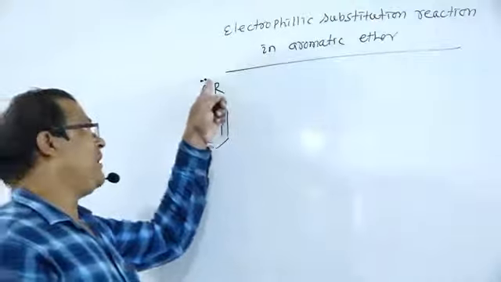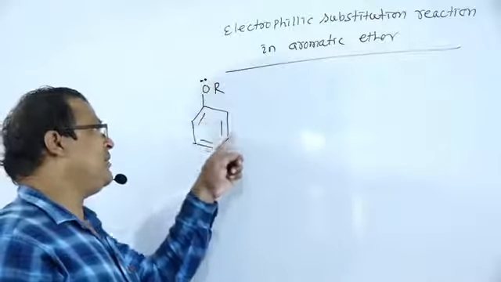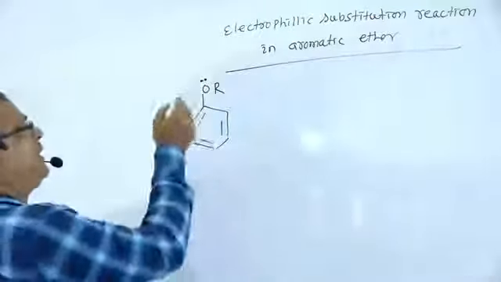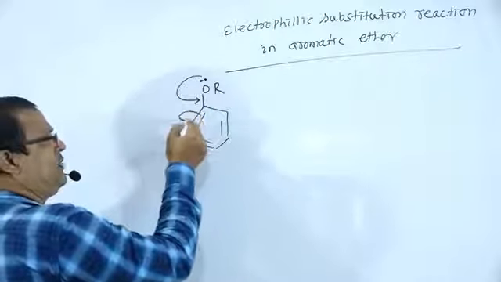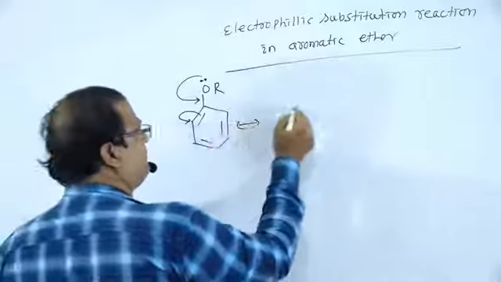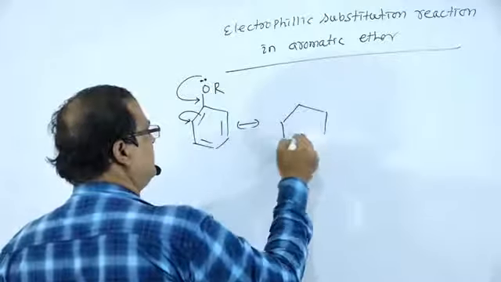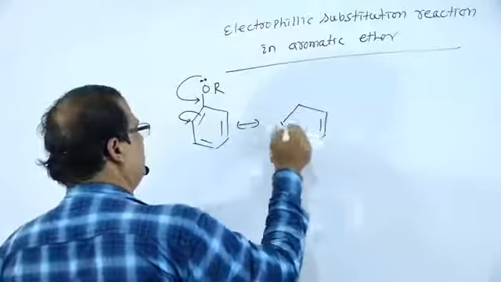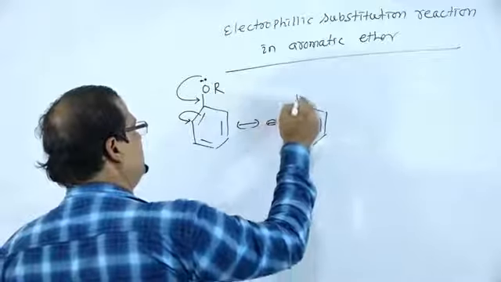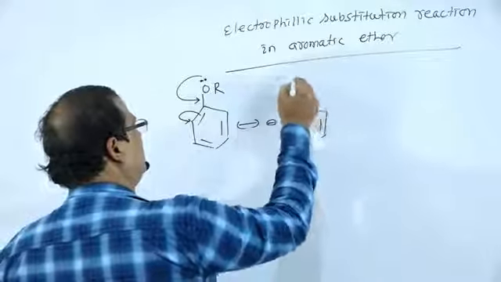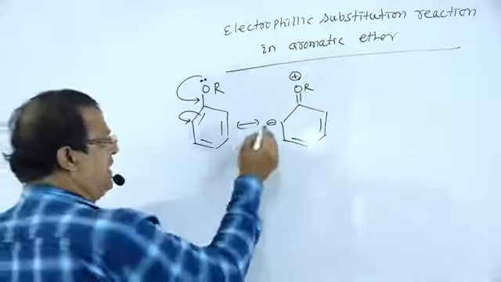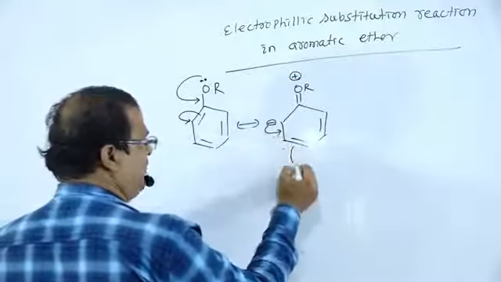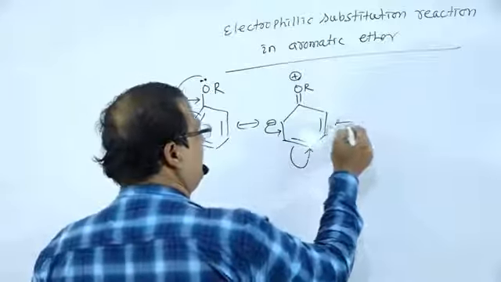So the lone pair of electrons will form a double bond here. This bond will be shifted to the next atom, and the negative charge will be shifted likewise.